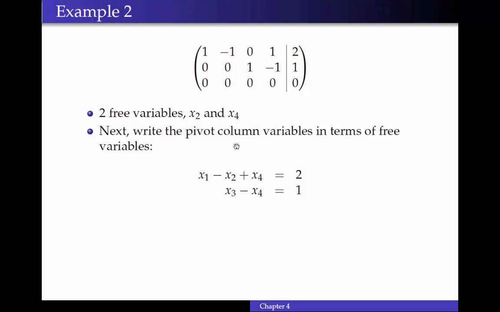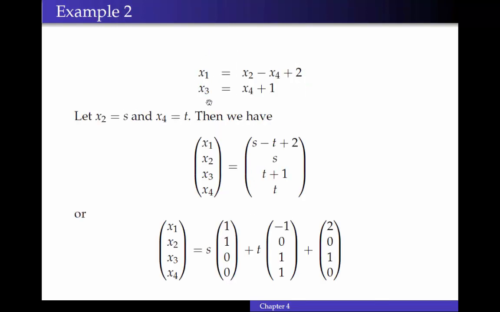And so what I want to do is write my pivot column variables, again, those are x1 and x3, in terms of my free variables, x2 and x4. So I'm going to write x1 and x3 in terms of x2 and x4. I'm just solving for x1 and x3 in these two equations. And using that, it's rewritten here. Because these x2 and x4 are free, we're just going to set them to some arbitrary number.